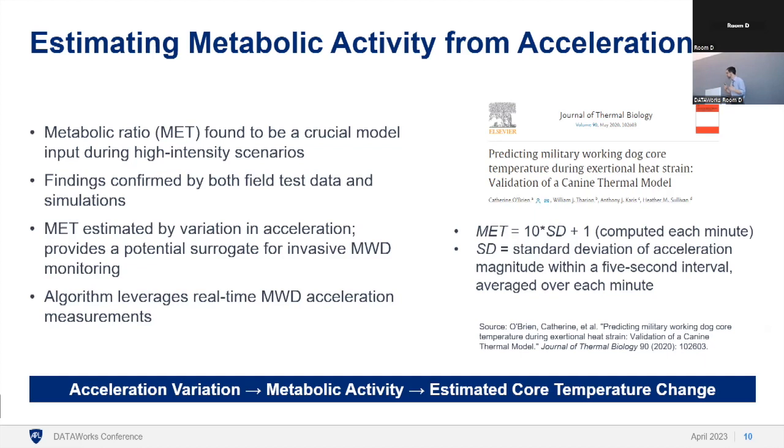You can think of the dog starting and stopping many times, and that would be reflected through the variation in the acceleration. So in summary, we're using this variation in acceleration to estimate the metabolic activity, which is a key input into our algorithm that estimates the core temperature change in the dog. As you carry that forward, you can estimate what the dog's core temperature is and tell when it's getting too high.